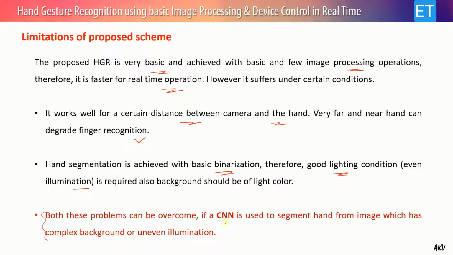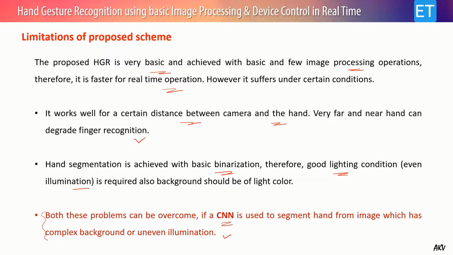If you go for some pre-trained CNN, such as deep learning, where your artificial neural network is trained on thousands of images of hands under uneven illuminations or with a complex background, then you can extract the hand image from those complex backgrounds or complex environments. So you can overcome these two problems by this step, but of course it will require more effort. So now let's go for the code section.